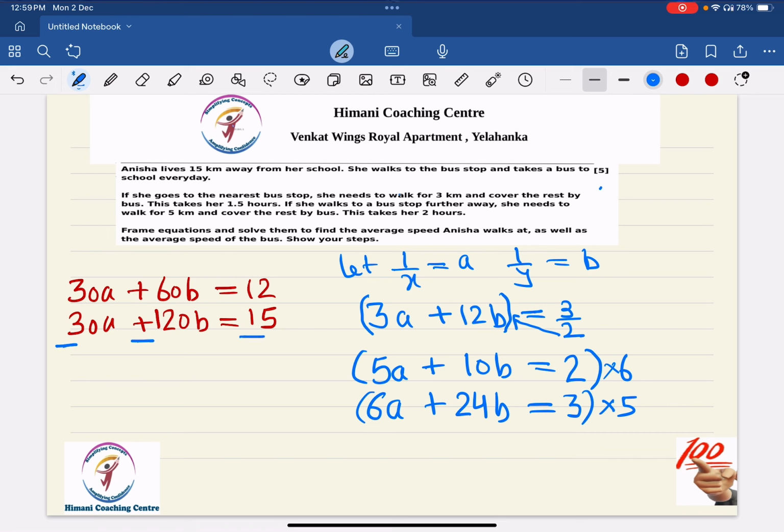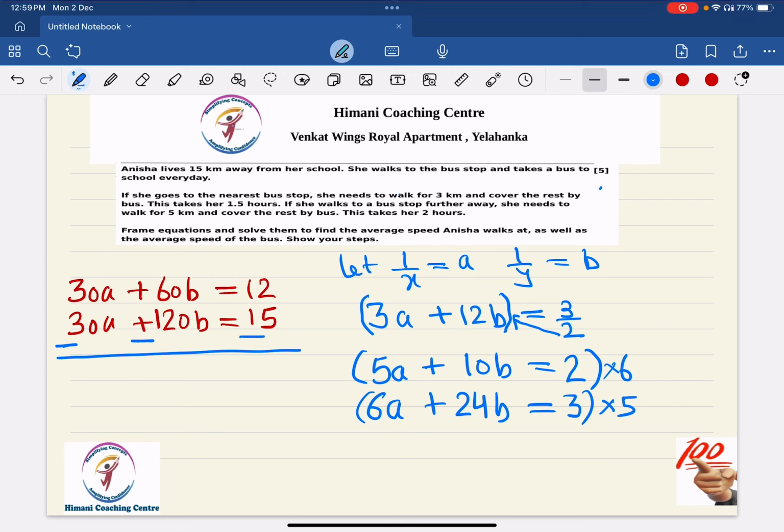So sign change for everything. And this is one word of advice to all the students: always look at the coefficients before you decide what you will do. If the coefficients are same, we subtract, then sign change below that line to avoid mistakes. And if the coefficients are opposite, then we simply add.